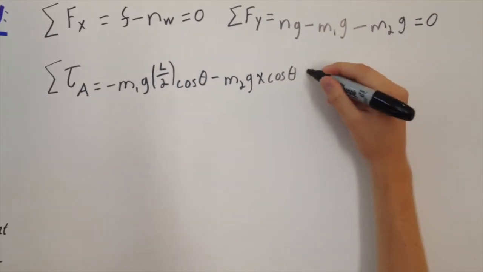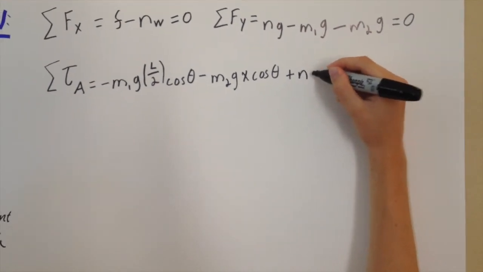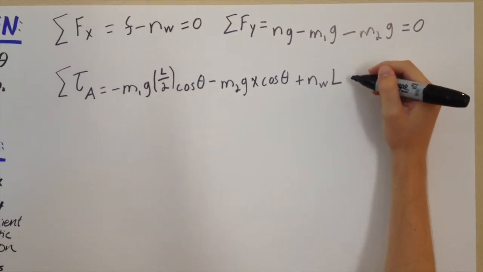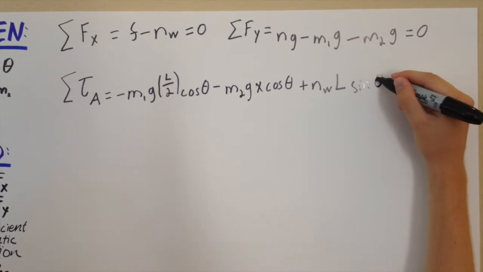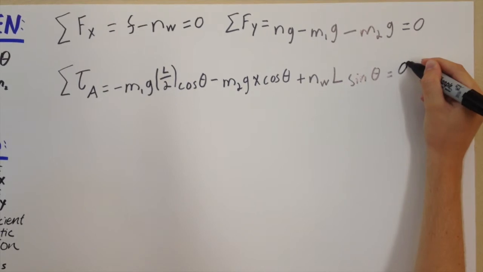And then these two are added to the normal force of the wall multiplied by the length of the ladder and multiplied by sine theta. And again, all of these forces are equal to 0.